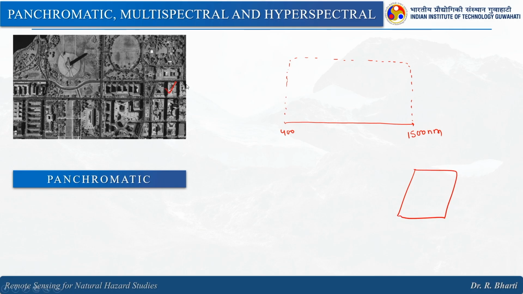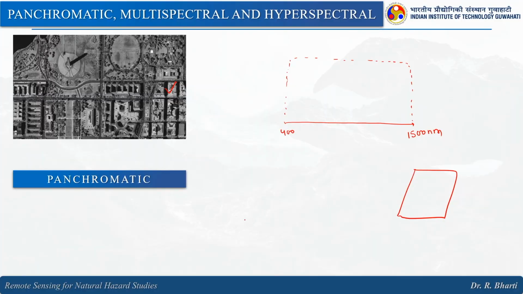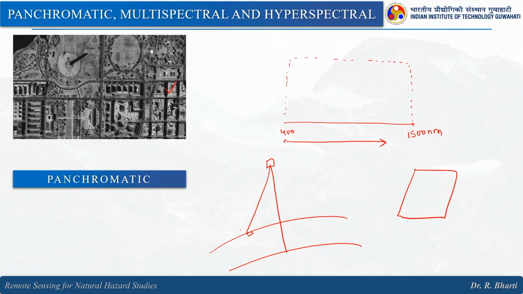I told you in the beginning about the relationship between wavelength and energy. When we are using the shorter wavelength, we have high energy. That relates to the spatial resolution. If you remember, your sensor is here and it is generating one pixel here. If the wavelength is shorter, it will have high energy, and this has to travel through our atmosphere to space to get captured and the image will be generated.